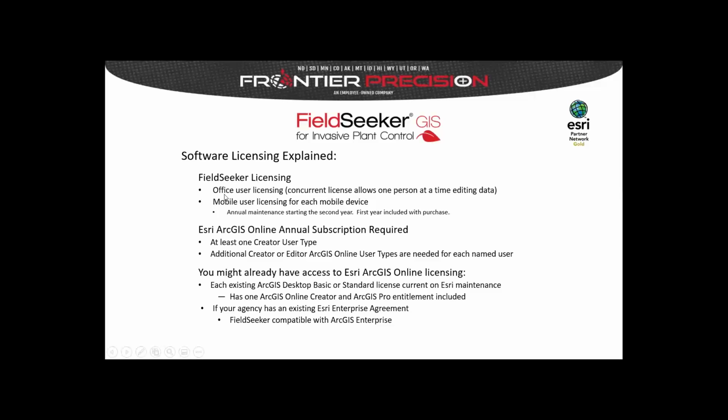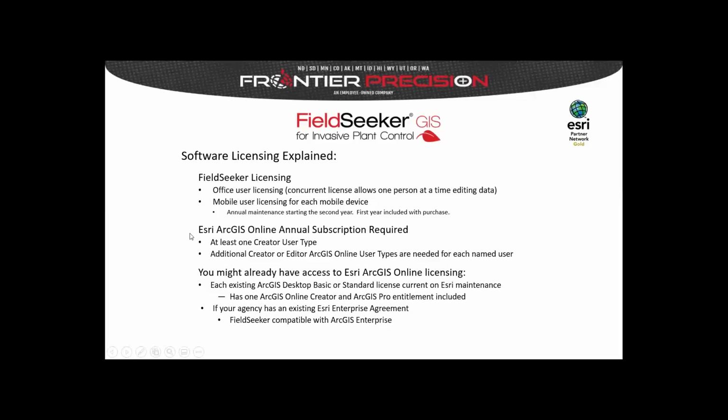FieldSeeker is purchased by the Office user license and then the mobile user license, and it's a one-time purchase up front, and the first year annual maintenance is also included with the purchase. And then starting the second year, we will bill annual maintenance ongoing. And I'll show what's included with your annual maintenance, because we've added a lot of value to that.